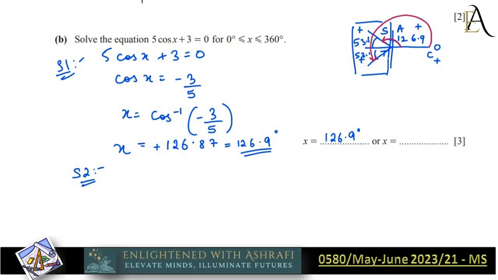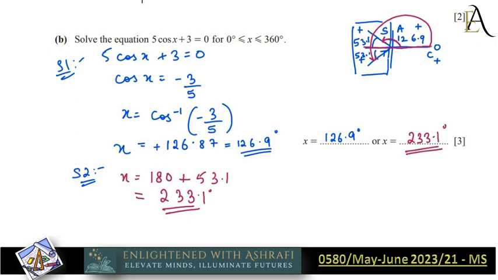So this is going to be 180 plus 53.1, which gives 233.1 degrees. So my second point is 233.1.